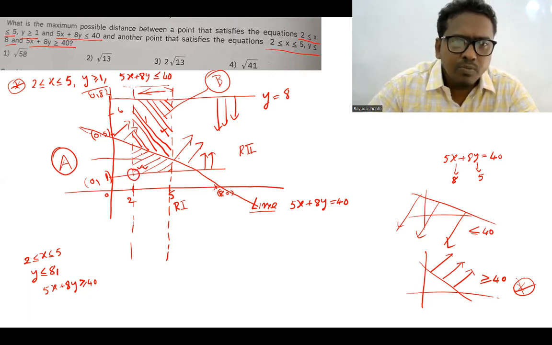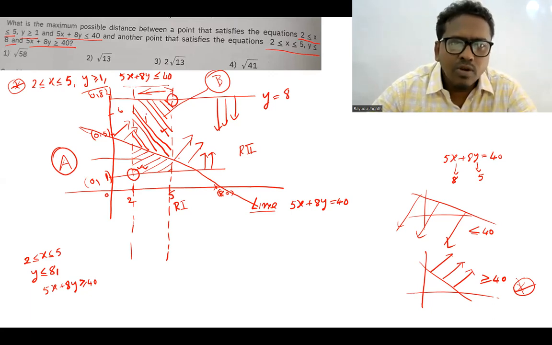I select this point and this point. Overall, the intersecting area of A and B, if you include it, is a rectangle, and the maximum distance between those 2 points will be the diagonal.